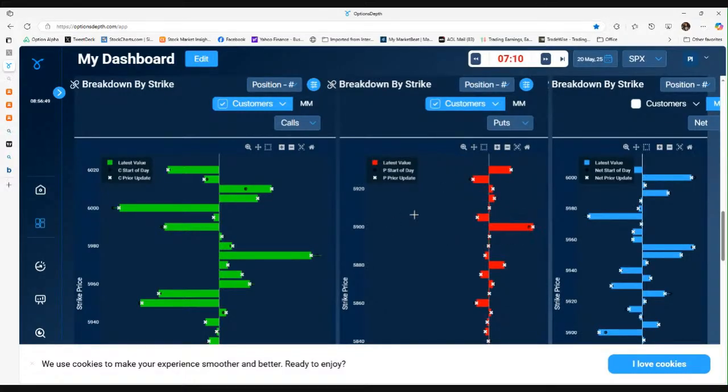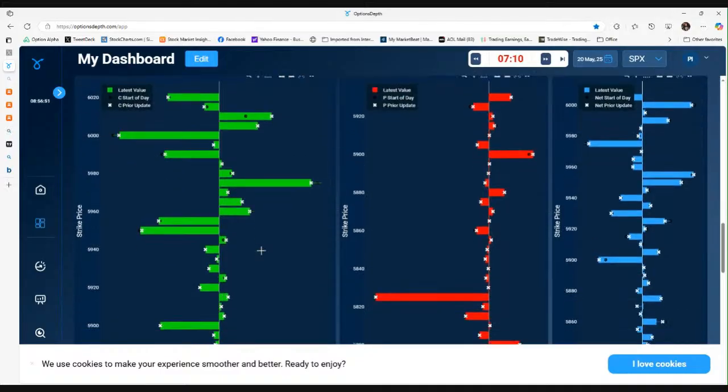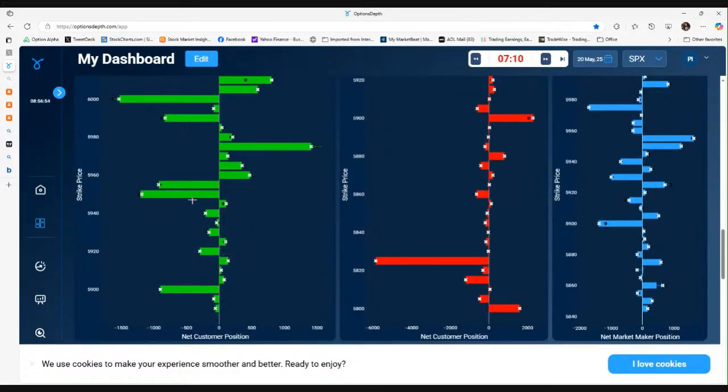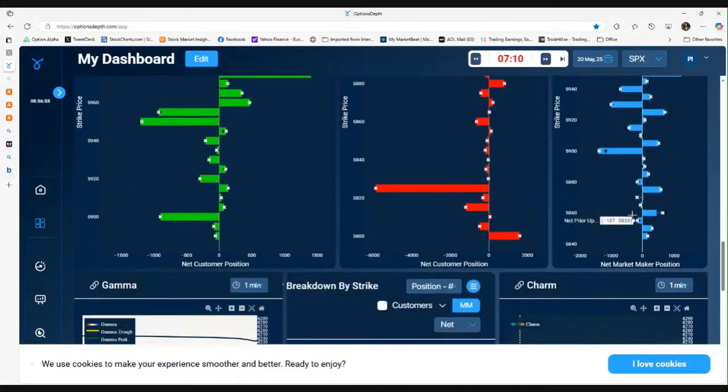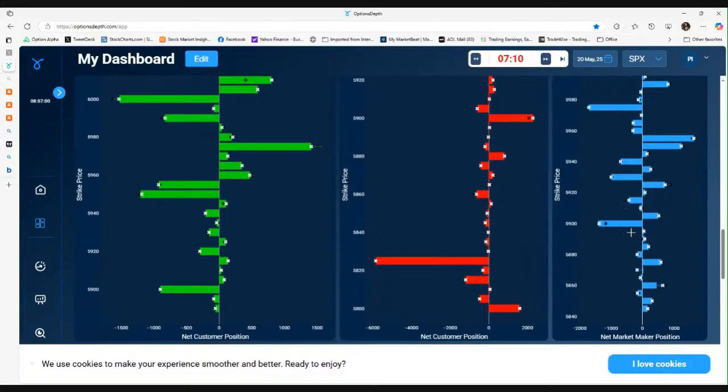So what's creating that positive gamma? Well, there really wasn't much. Remember, we looked over here, there's really not much here. So here's the 5,950.